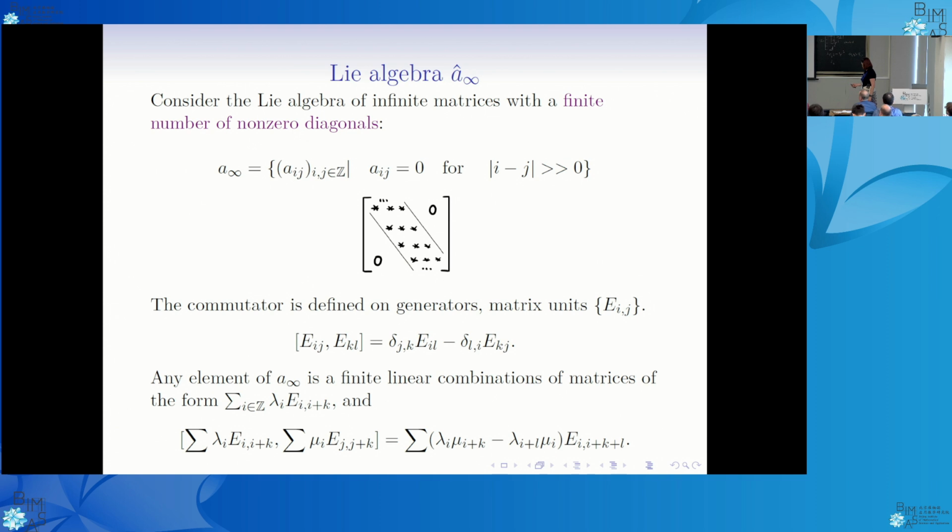The elements of this Lie algebra are matrices where we take one diagonal and have non-zero elements only on this diagonal. And if we want to see the commutation relation between two matrices of this kind, living on two different diagonals, the last line on this slide shows the relation. Again, we get a matrix living on another diagonal.